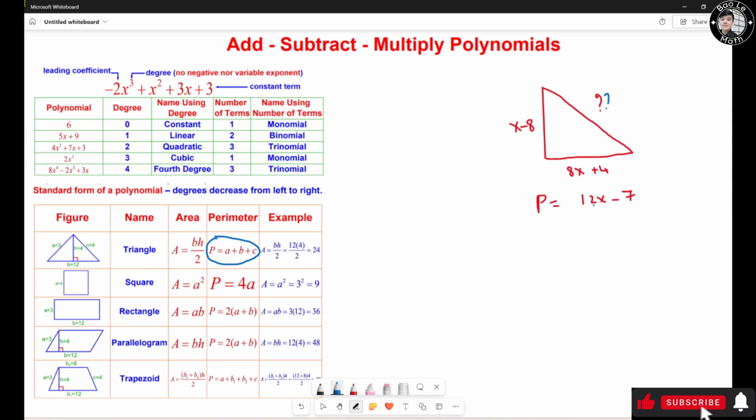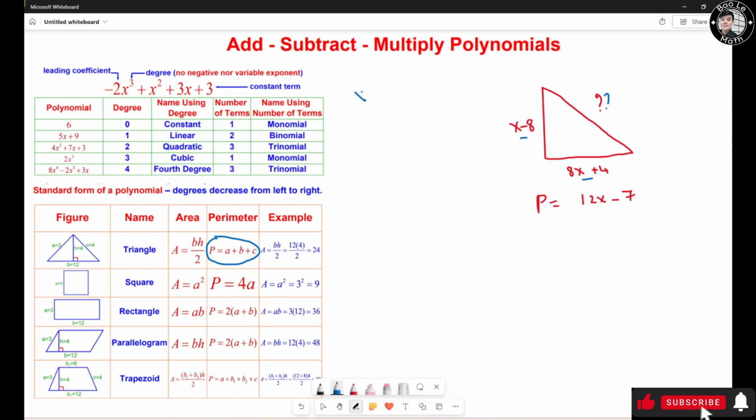So the perimeter equals 12s minus 7, and you have two sides right here. Now you need to find the third side. So you take the perimeter and subtract the sum of the two sides, right? So the first step is I need to add these two up.